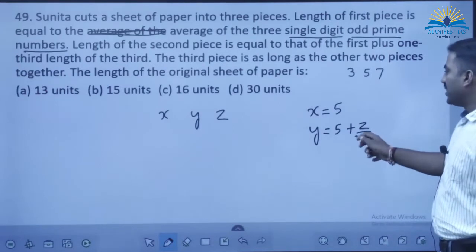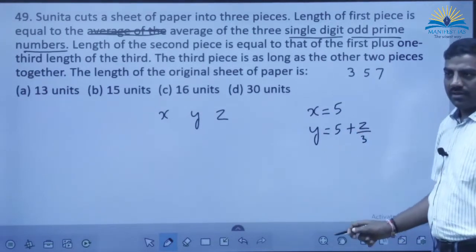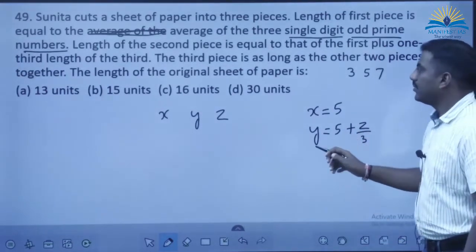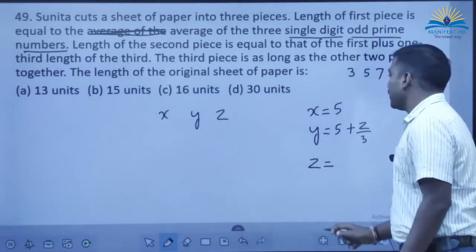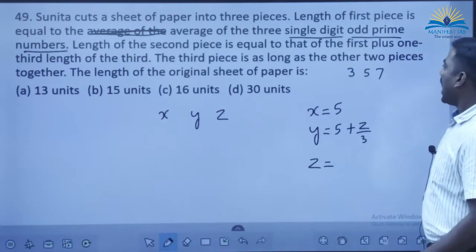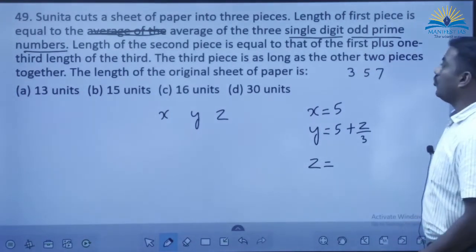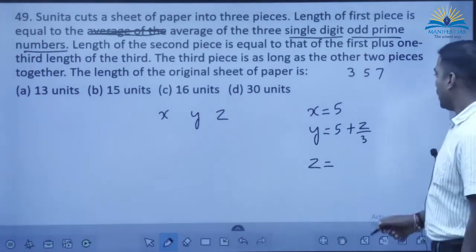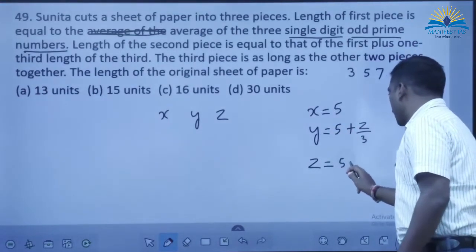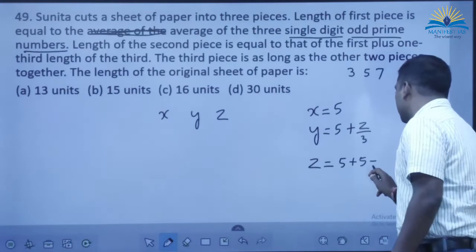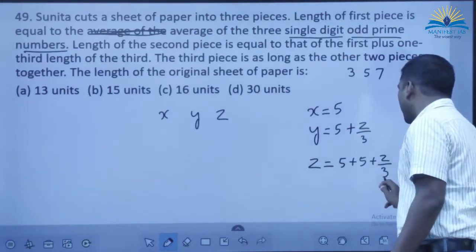Yes. Can we get the value of Z here? We can get. Let's wait for other thing. The third piece, Z, is as long as other 2 pieces together. Other 2 pieces, X and Y, no? 5 plus Z by 3.